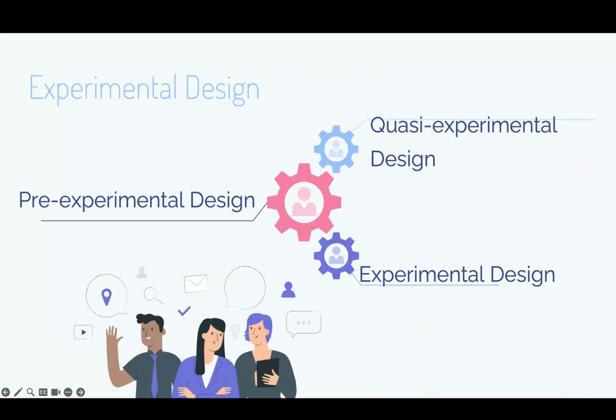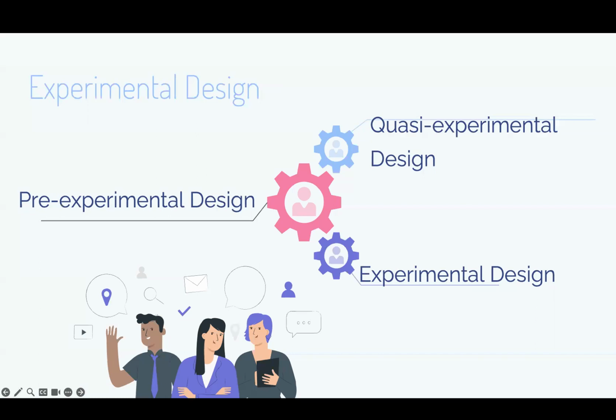As we explore the landscape of experimental design in social work, it's imperative to understand the hierarchy and nuances of design types that range from less rigorous to more controlled forms. Each design type offers different levels of evidence for causal relationships. At the fundamental level, we have the pre-experimental design.